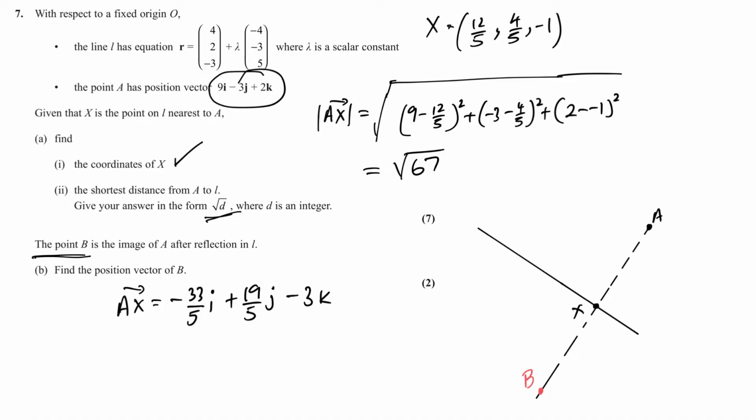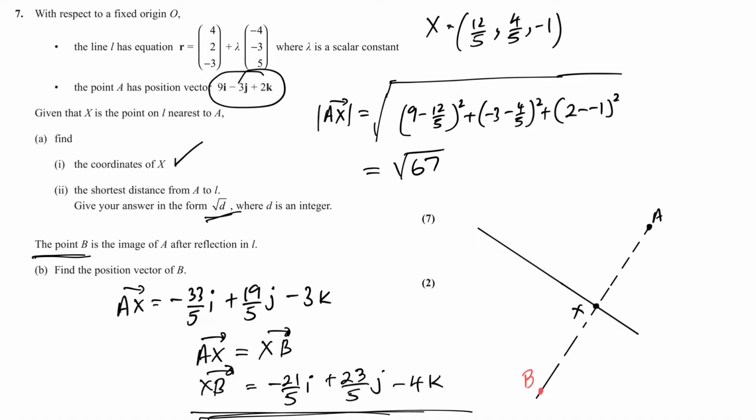All I need to do now is apply the same kind of thing from x to get to b. It's that same kind of distance. So AX is equal to XB. So that means that XB should be minus 21 over 5 i plus 23 over 5 j minus 4 k.